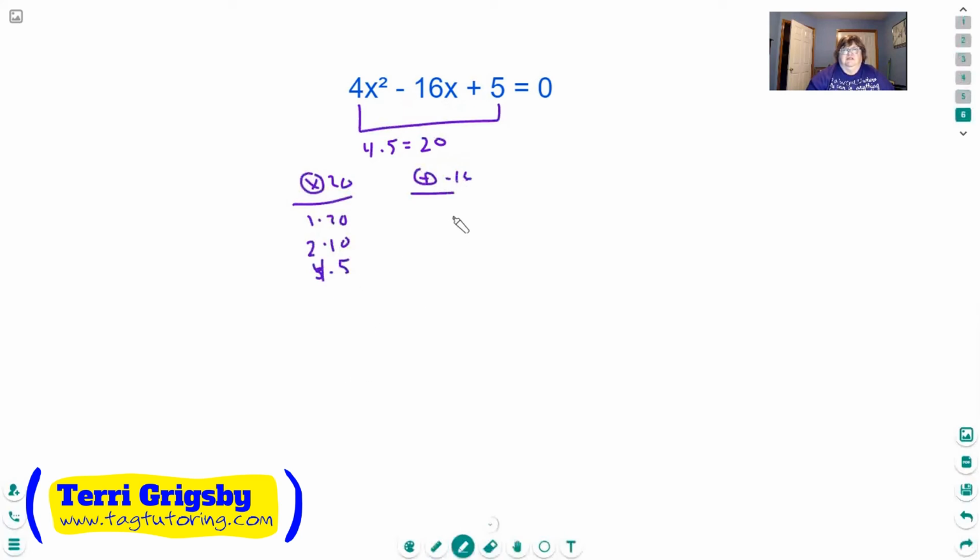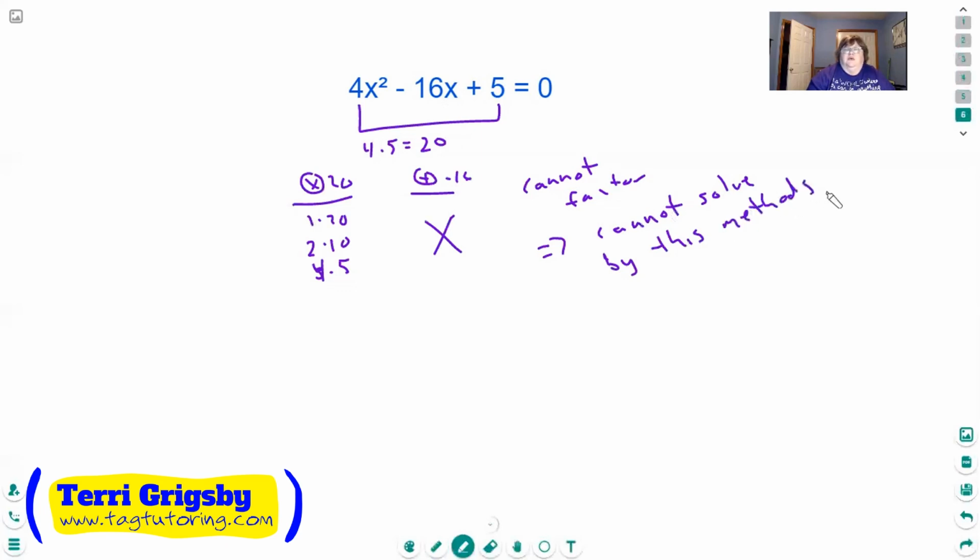None of those are going to give me 16 again. So again, this one I cannot factor. So you cannot solve by this method. I would say I cannot solve by this method. The good news is there are methods to let you solve this.